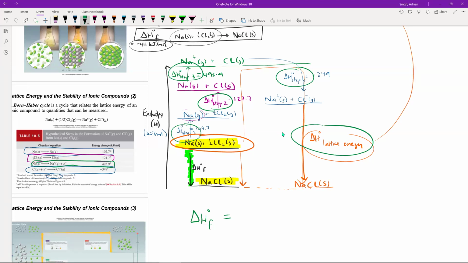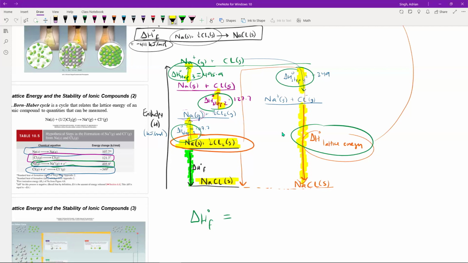All of that will equal this one step here because I can get to that point in this one step from the Na, the delta H of formation, or if I add together all the yellow arrows, I end up at the same endpoint. So I start at the same point, I end up at the same point.